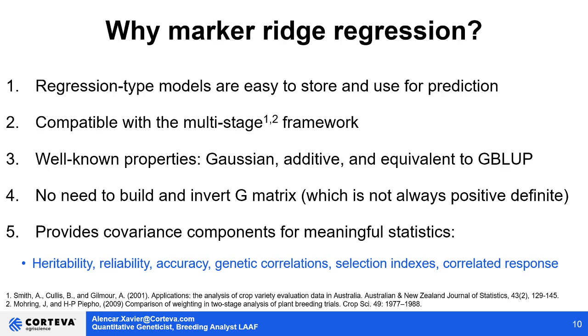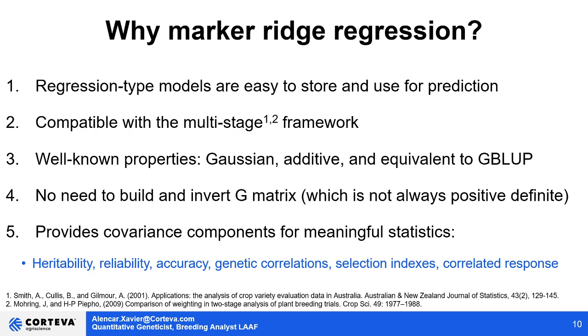Alright, so next, if you care to read the study we published, you see that we try to focus not on the GBLUP based on relationship, but instead on ridge regression, which is an equivalent framework. Regression type models are nice because if you store the marker effects, the beta coefficients, you can very nicely use them for predicting new data sets, as opposed to GBLUP, where you have to carry the estimation set with you every time you want to predict newer individuals.